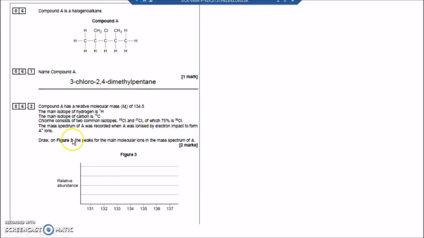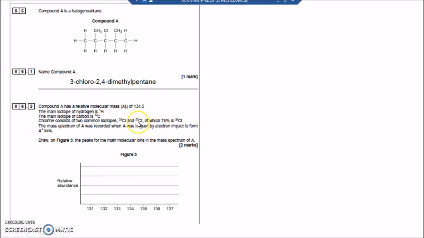So basically it's saying that there are peaks for the molecular ions in the mass spectrum of A. What will they be? Well, you need to work out the Mr. The Mr with 35Cl will come out as 134, and with a 37Cl it'll come out as 136. So you're going to end up with peaks at 134 and 136.